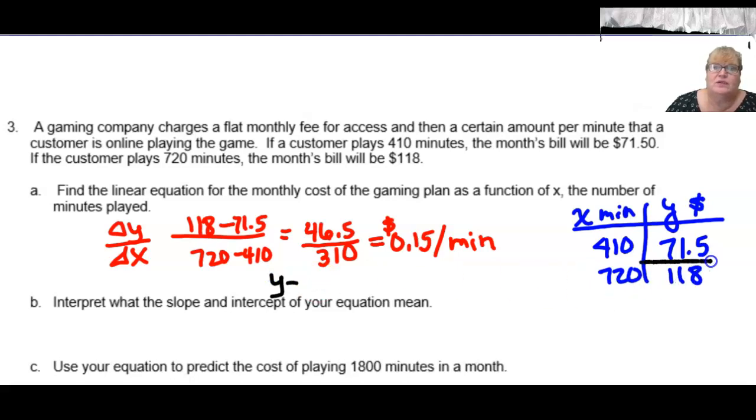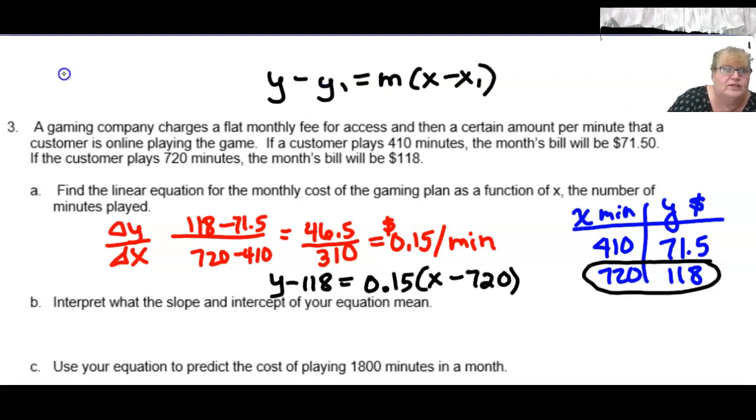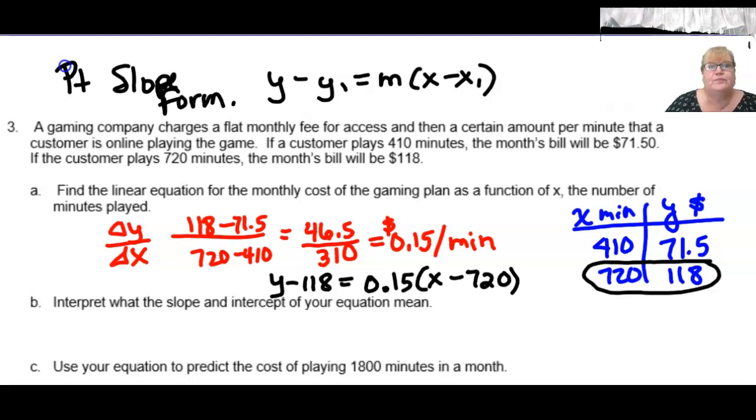I think I'll use this one because it doesn't have a decimal, even though it has bigger numbers. Y minus 118 equals 0.15 times x minus 720. And I probably should have written this up here. We are using point slope, in case you thought I was doing magic there.